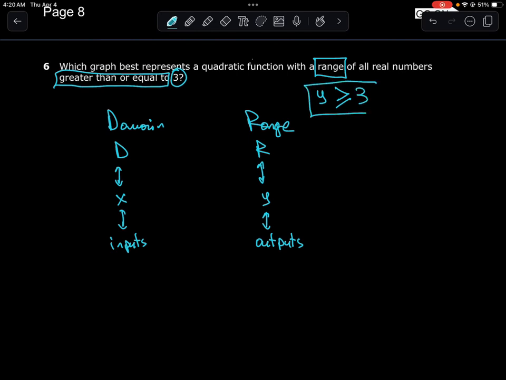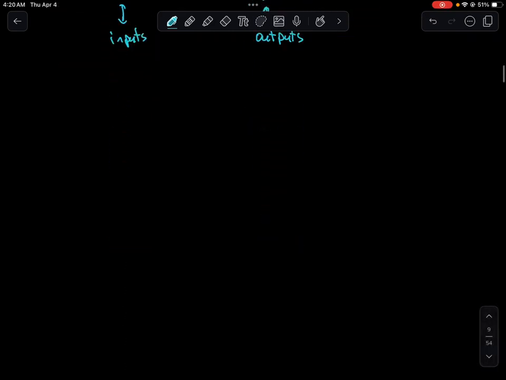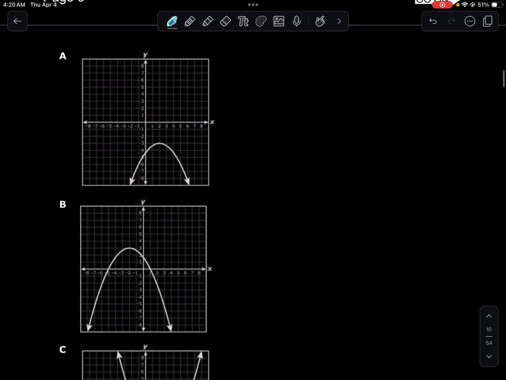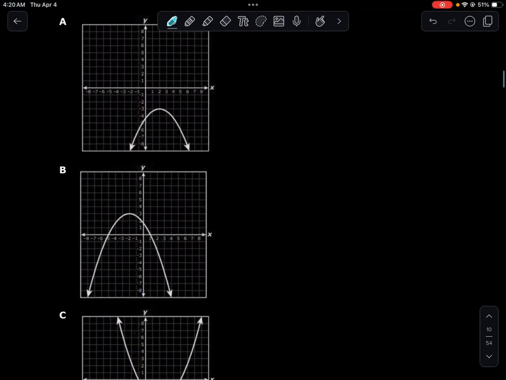Okay, this is what we want to check, and there is a number 3. Let's look at the answers now and see if I can eliminate any answers just by looking at the numbers. The answers that don't have the 3 explicitly will have to be eliminated, and the 3 needs to be on the y-axis.